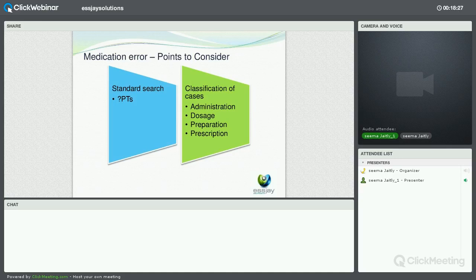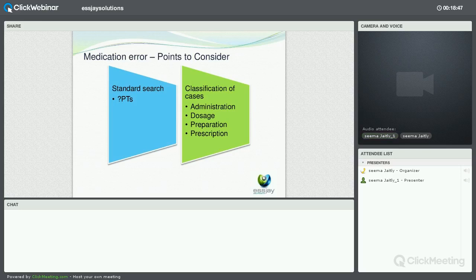And overall, you're looking for a pattern. You need to really look at the cases that you've received and try and classify them with regards to, say, is it down to preparation? For example, have we got somebody crushing tablets, someone diluting this, doing that?